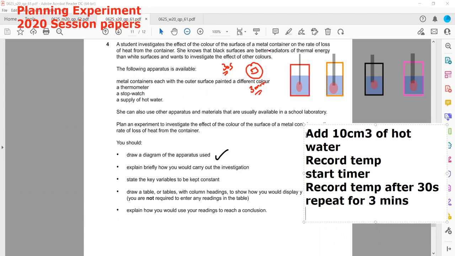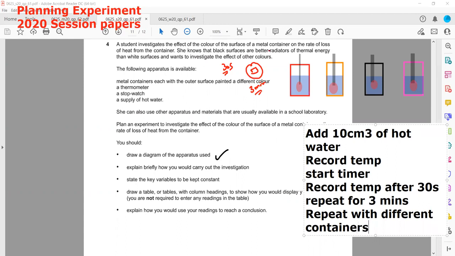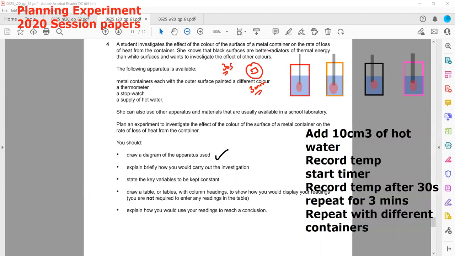This is the procedure which we will follow. And then we'll repeat with different containers, different colors of containers basically. So this is the answer for how we carry out the investigation.